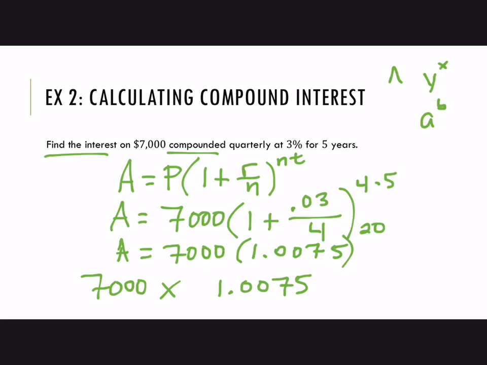That indicates an exponent. Mine has a caret. And then the exponent of 20. Now if your calculator has order of operations built in, then this should do the exponent first and then multiplication, which is what we want. So try it out, make sure you get the same answer here. And this turns out to be $8,128.29.